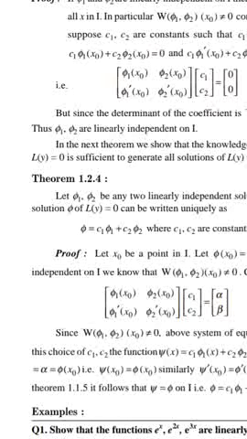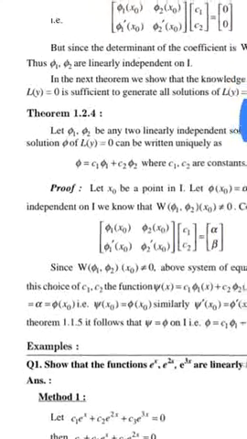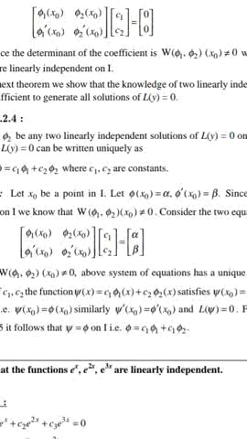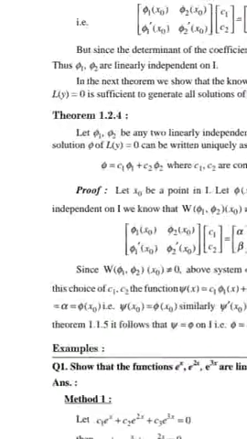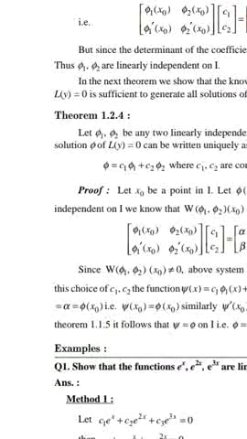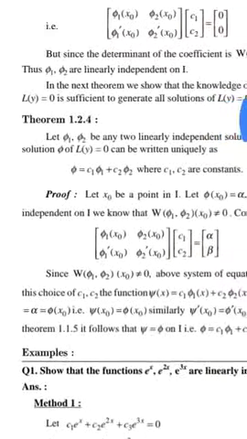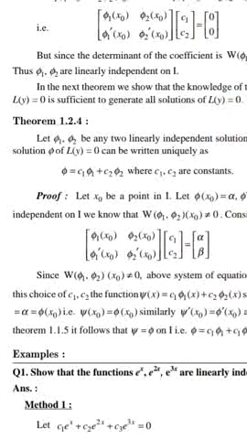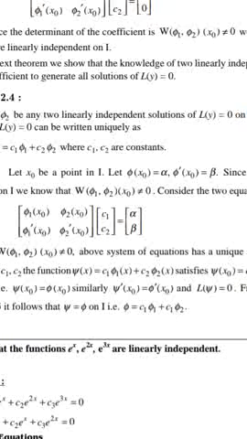In the next theorem, let phi1, phi2 be any two linearly independent solutions of L of y equal to 0 on an interval I. Every solution phi of L of y equal to 0 can be written uniquely as phi equal to c1 phi1 plus c2 phi2, where c1, c2 are constants.